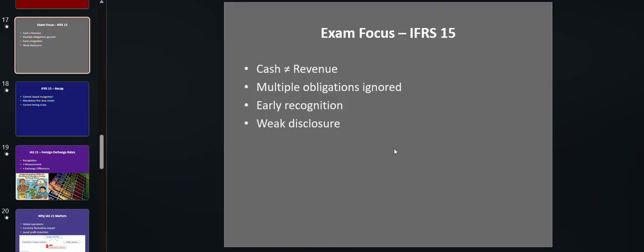They should not ignore multiple performance obligations in a bundle contract, like we looked at in the example before, and never recognize revenue before control actually transfers. This is the golden rule. We have to remember it.